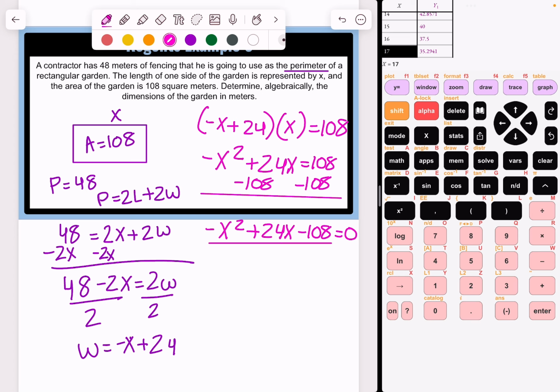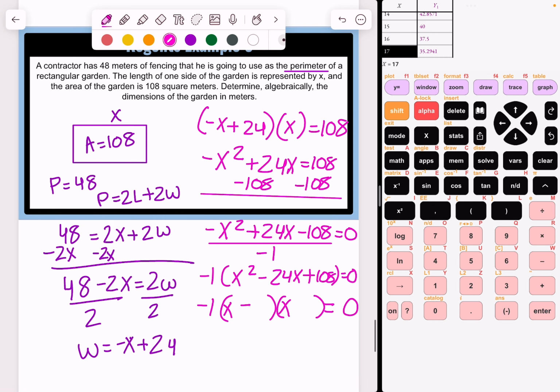We never want to do the add multiply thing if there's a number in front, so let's factor out the negative 1. And then we get x squared minus 24x plus 108 equals 0. We need to find two numbers that are going to multiply to 108 but add to negative 24. And I got negative 6 and negative 18.